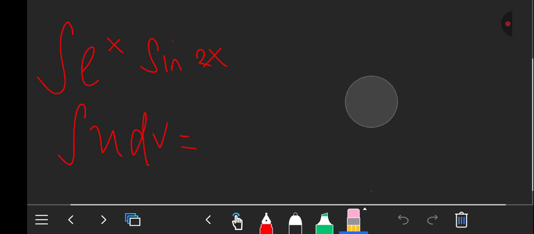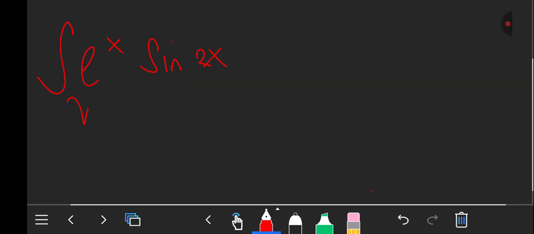So let's now do this question. From this question, it's best that we make sine 2x as our u. e to the power x is very stubborn. Even if you integrate or differentiate it, it won't change. So for this one, it's advised that we take it to be our dv.